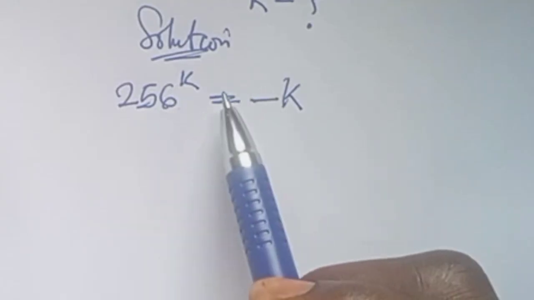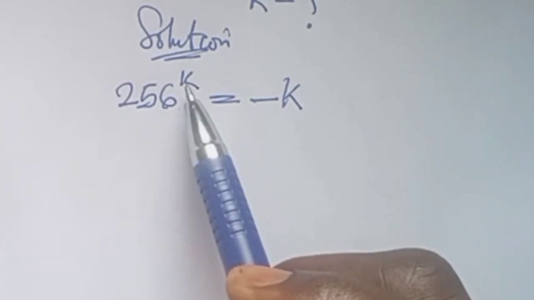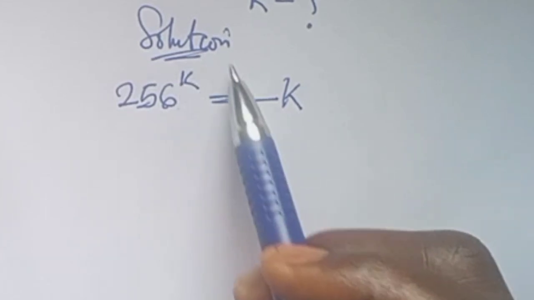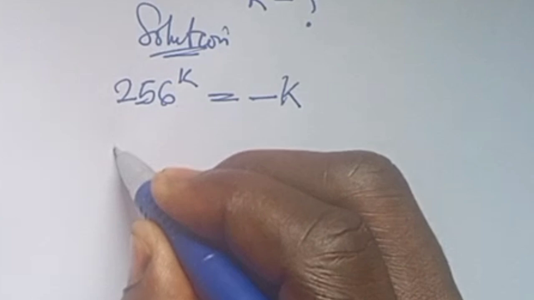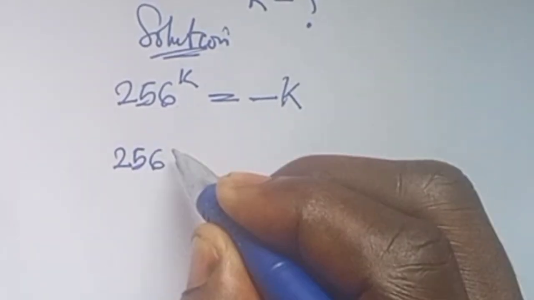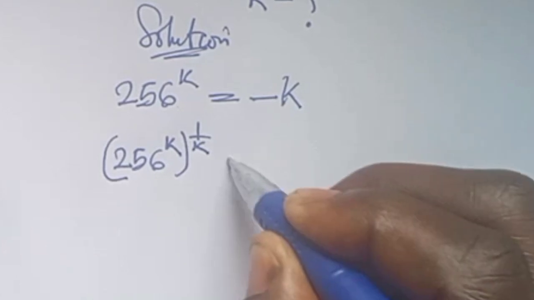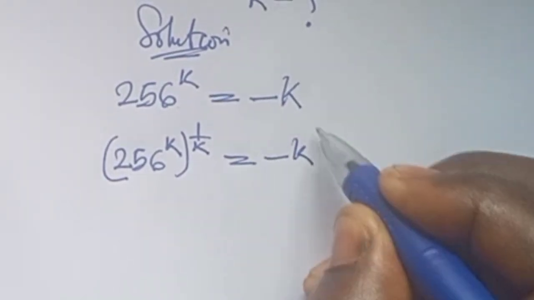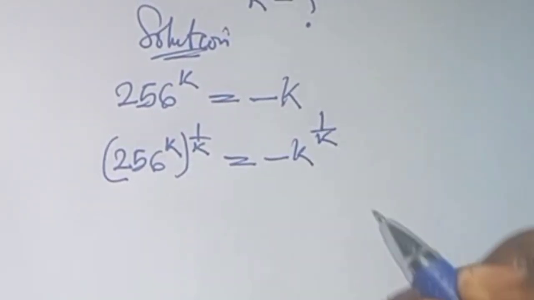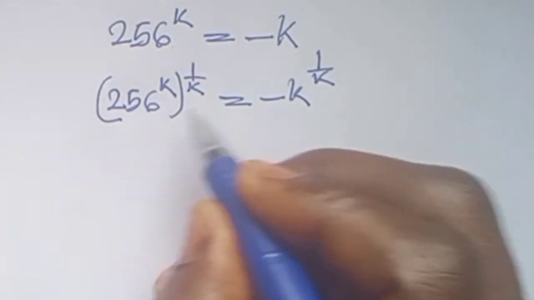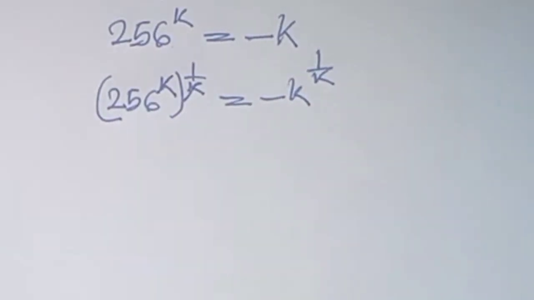In the next line, we will try to eliminate the power of k by raising both sides to the power of 1 over k, that is, 256 to the power of k, to the power of 1 over k, equals minus k to the power of 1 over k. So here, the power k will cancel out k.